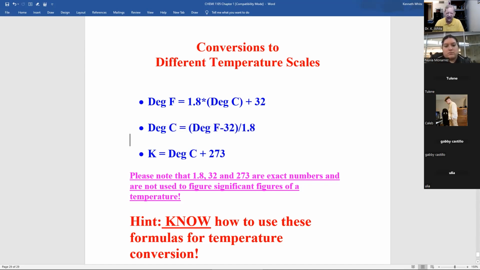Students make the mistake of dividing degrees F by 1.8 and 32 by 1.8 and then subtract. No, that's wrong. You do what's in the bracket first, and then you divide by 1.8. All right, so let's take a look at this.